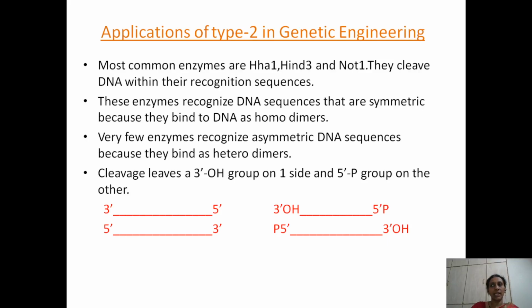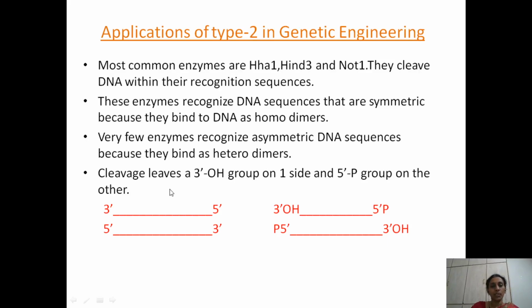So they are not the same from both sides. Such sequences are called asymmetric sequences. So these enzymes bind as homodimers to symmetric sequences and as heterodimers to asymmetric sequences.